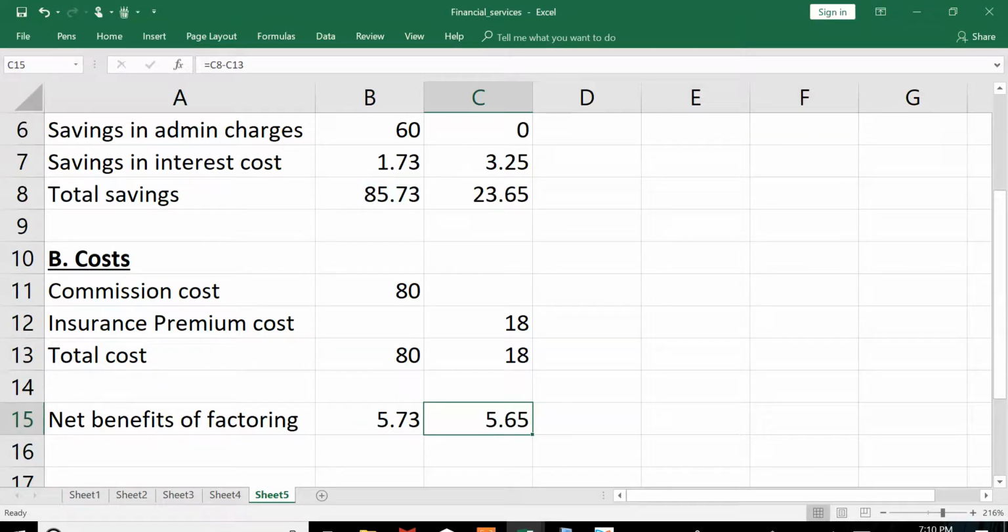Almost same, but still we'll have to go ahead with the first option. 5.73 lakhs and 5.65 lakhs.